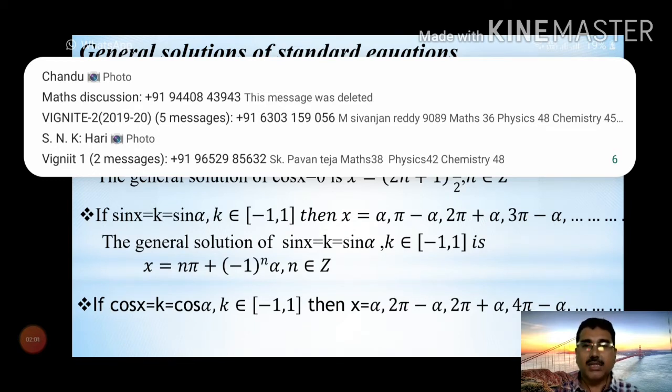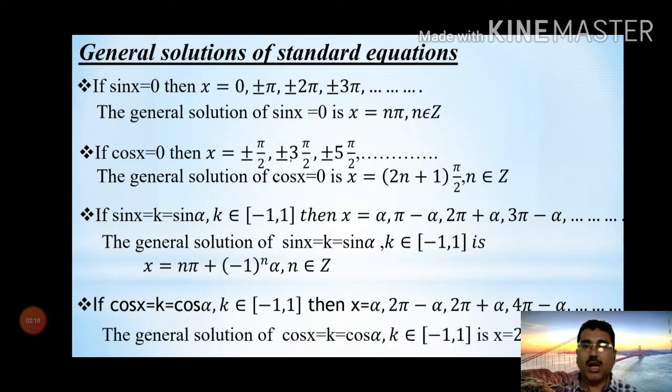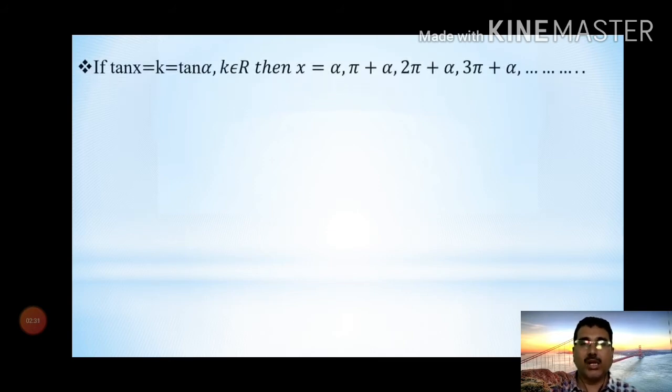Since cos x is positive in quadrant 1 and quadrant 4, the values of x are alpha, 2 pi minus alpha, and so on. Therefore, the general solution of this equation is x equal to 2n pi plus or minus alpha, where n belongs to Z. Now go to another equation.